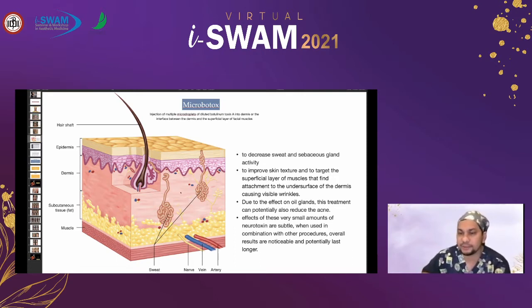If you want to reduce oil gland production to reduce acne, then you have to go a little bit deeper, intradermal. And if you want to reduce the redness of the skin, you can also target where the vascular, the small arteries and capillaries, appear a lot.